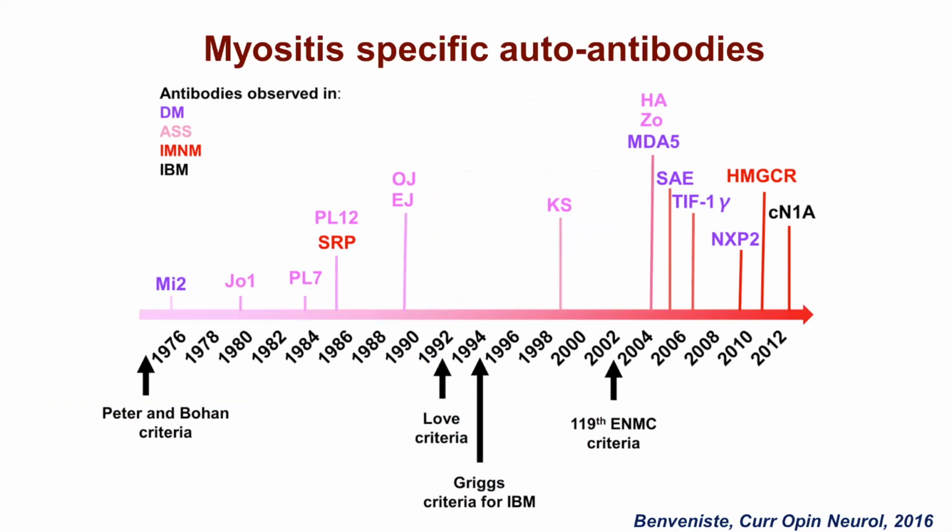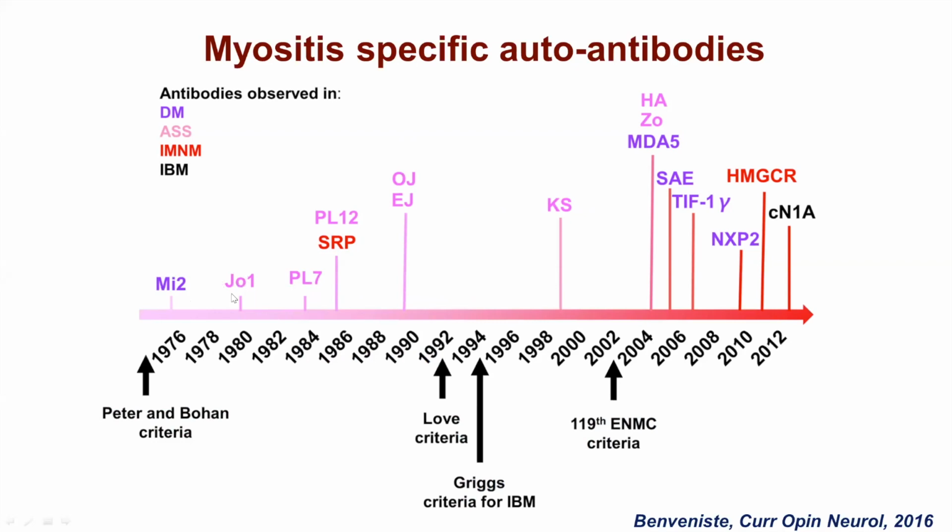And in parallel, year after year, in research labs, some myositis-specific autoantibodies were discovered. The first one was in the mid-70s. It was isolated in Mr. or Mrs. Mitchell. That's the reason why it's called Mi-2, and it is specific to a certain subgroup of dermatomyositis.